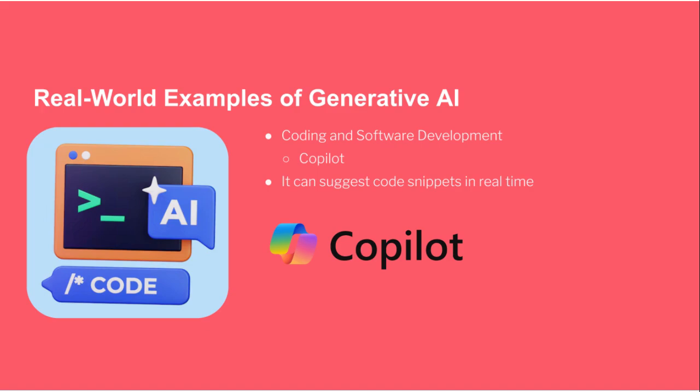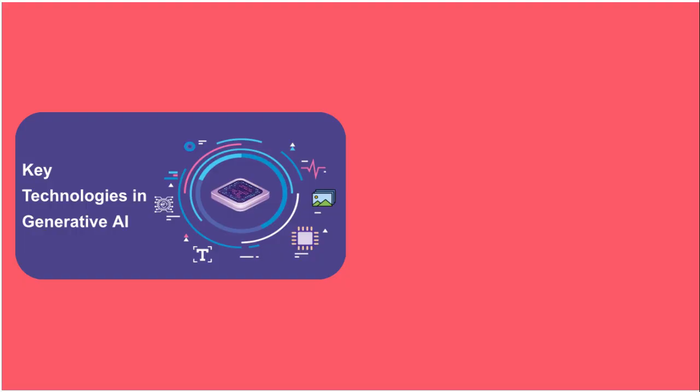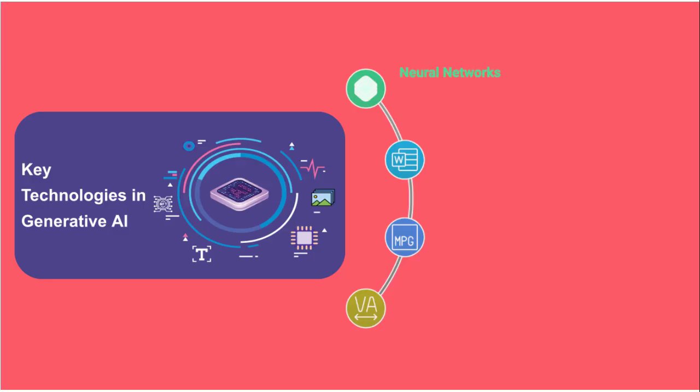Generative AI is rapidly evolving, making it one of the most exciting advancements in artificial intelligence. But how does it actually work? Let's explore the key technologies behind it. 1. Neural networks. This is the foundation of generative AI. These models mimic the human brain by processing data through layers of interconnected neurons.